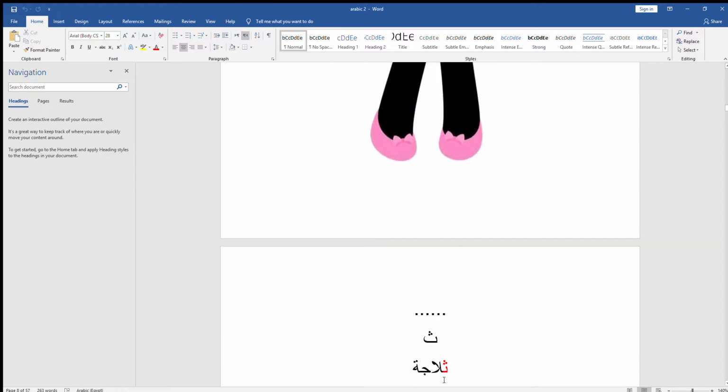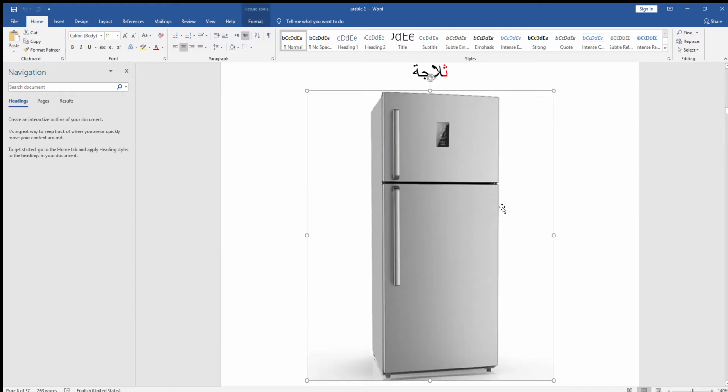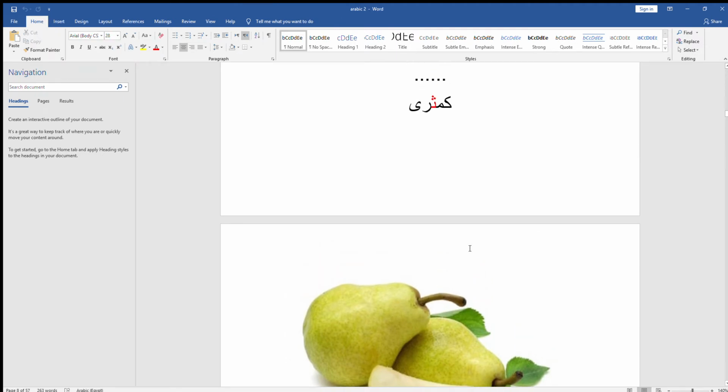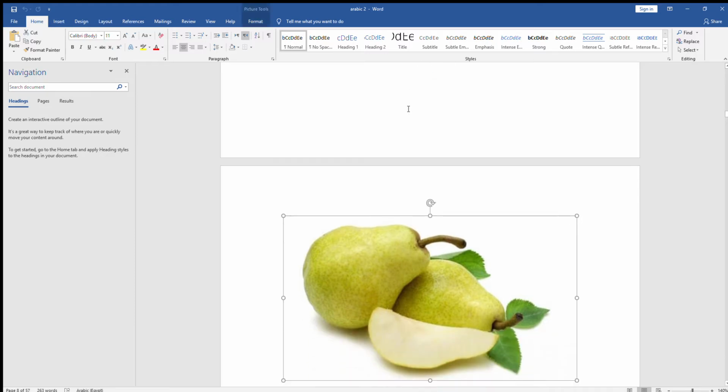Tha. Tha at the beginning of the word, like ثلاجة. We mentioned that tha is like th in the word thank you. This is ثلاجة. The shape of tha between two letters, like this: كمثرى.